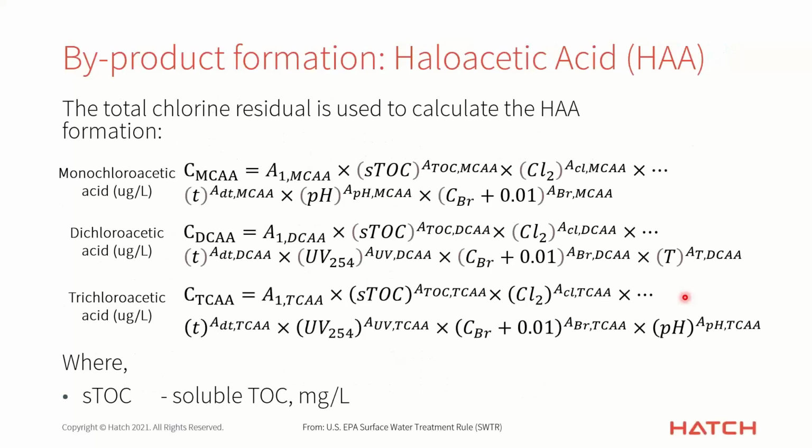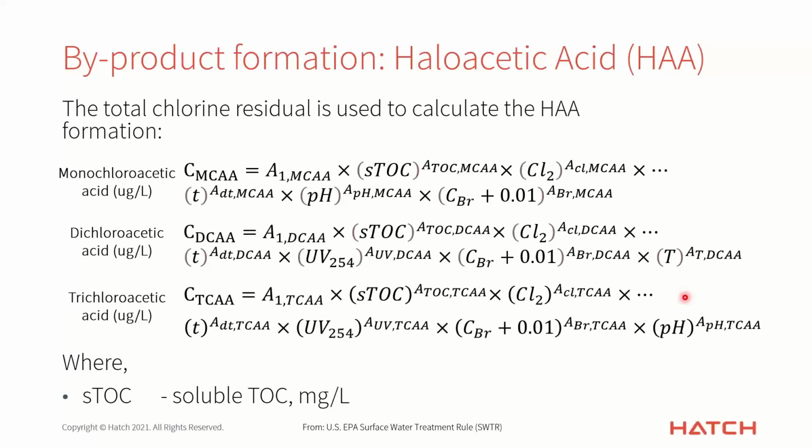All right, so next I'm going to talk about the haloacetic acid byproduct formation. And like the trihalomethane ones, this calculation takes place after the residual calculations are completed. And again, you can use dechlorination to affect the byproduct formation in the same way you can with the trihalomethane concentrations. So this is also an empirical model, which just like before, contains many of the terms we've seen in the other correlations.